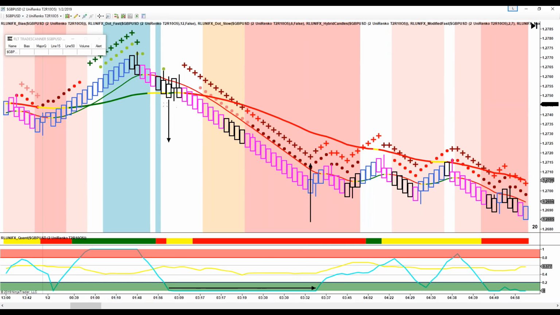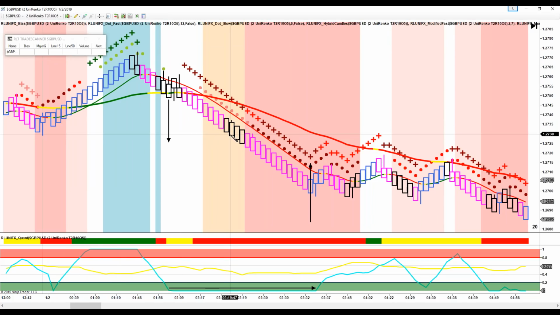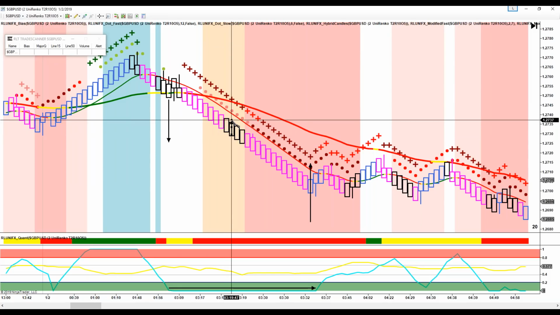So now all you need is an entry. But you know, based on the oscillator, that this market is going to fall. You just need to get into it. Now, if you see the wick sticking out of this candle, it means price pulled all the way back.